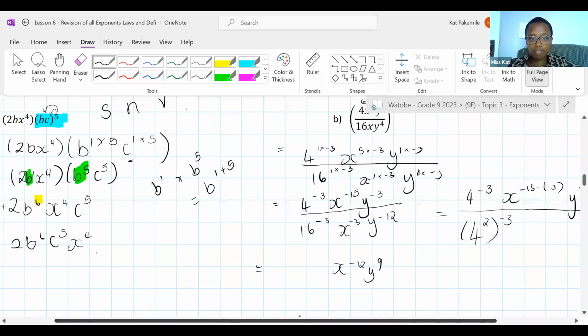Let's go back and deal with the 4s now. At the top you have 4 to the -3 minus, what's 2 times -3? 2 times -3 is -6. So this will become a plus. So it's 4 to the exponent of -3 plus 6, which is how much? 3. Then your y stays at the top because it is positive. What happens to our x?